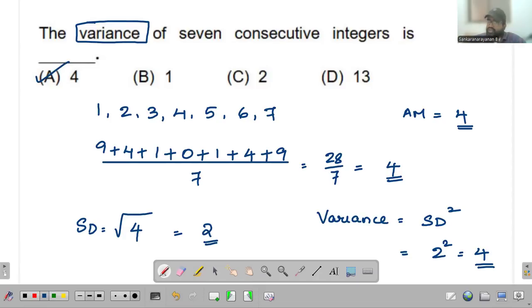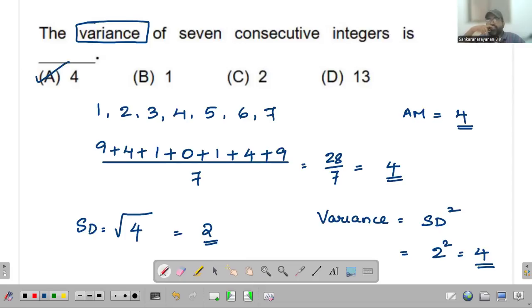So you can take any 7 consecutive integers, random consecutive integers 7 in number. I decided to opt for 1, 2, 3, 4, 5, 6, 7 because they are very small numbers, so it's easy for you to handle them. Finding the deviation from the mean, squaring it, taking the arithmetic mean of those squared deviations, everything will be very handy, provided you are taking numbers like this.